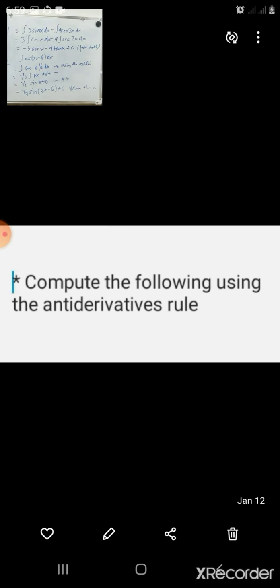Now this is from the table. Again we are using substitution.